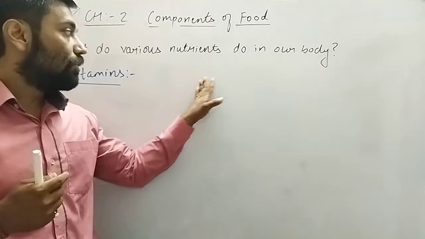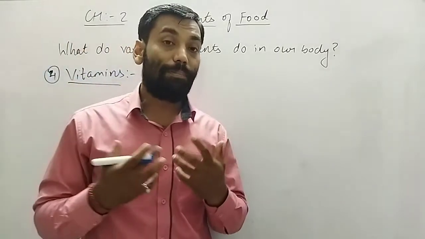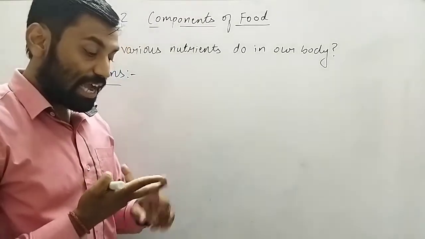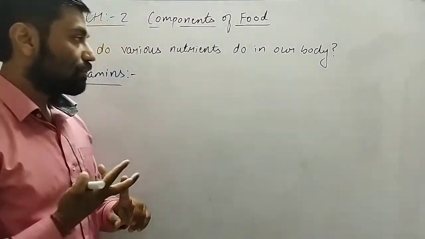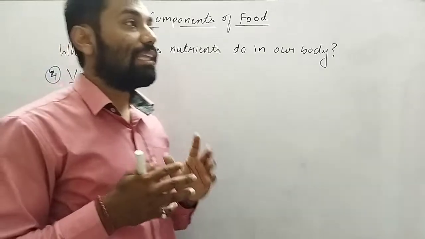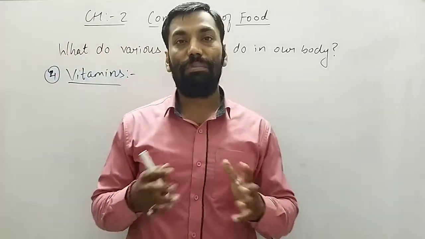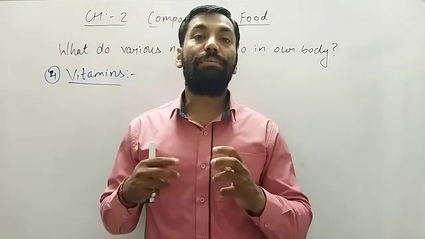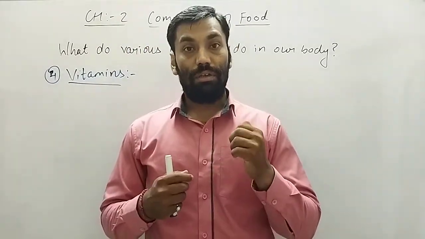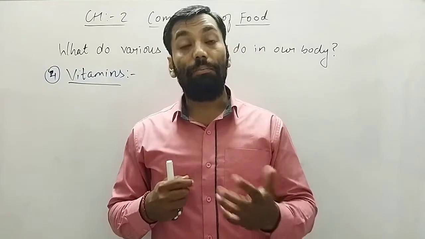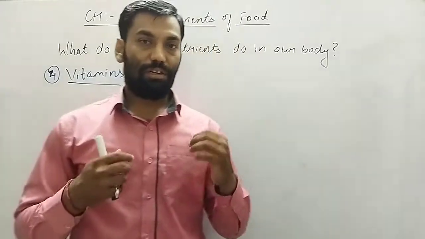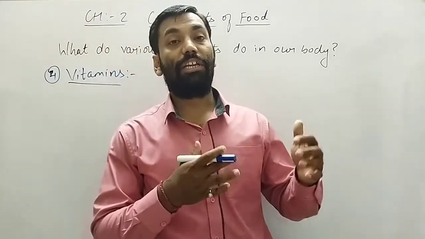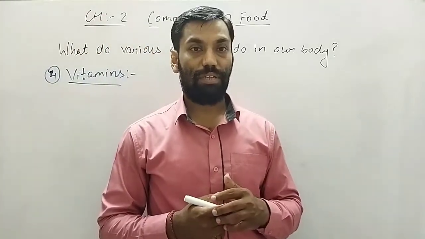They keep our various body parts healthy: teeth, skin, eyes, gums. They keep these parts healthy so that overall the body will be healthy. At the same time, it also helps in building the immunity of our body, so that we can stay protected from various diseases.